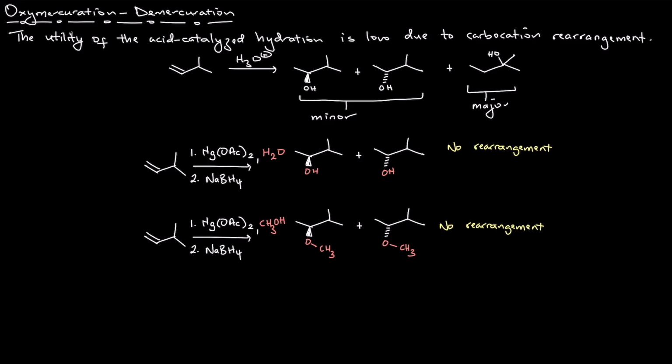Basically, your two ethers are formed in this particular step. Once again, there's no rearrangement, right? Because we're dealing with the oxymercuration, which involves the formation of that mercurinium ion that does not rearrange because it's not a full carbocation.